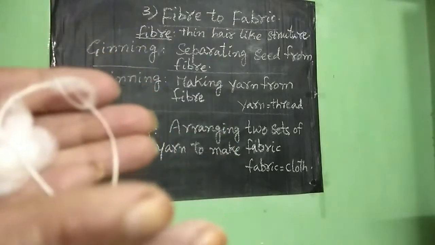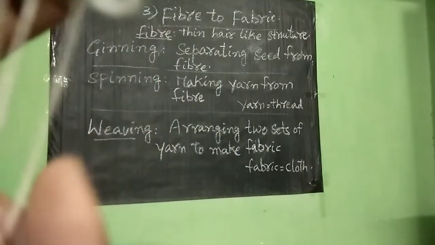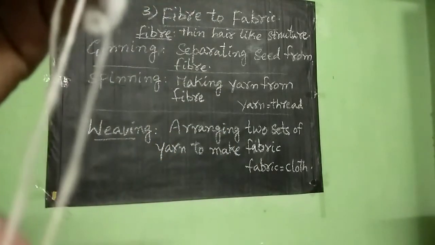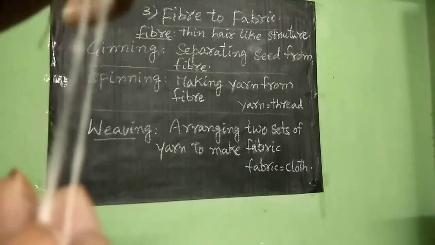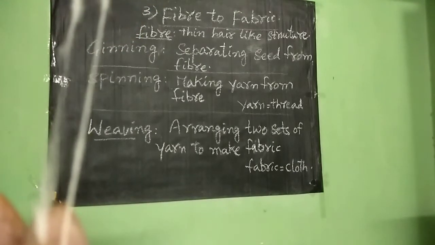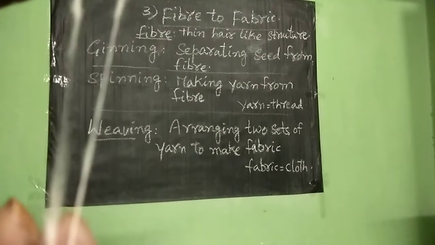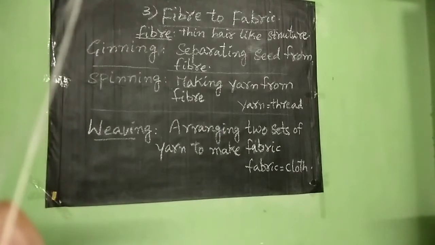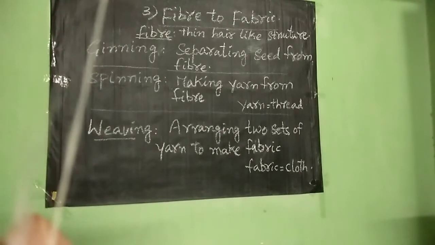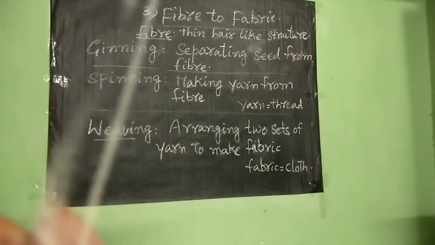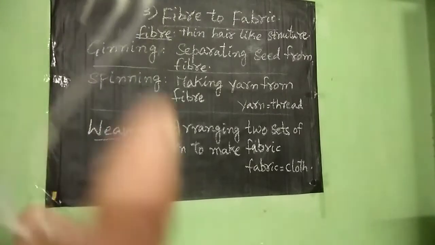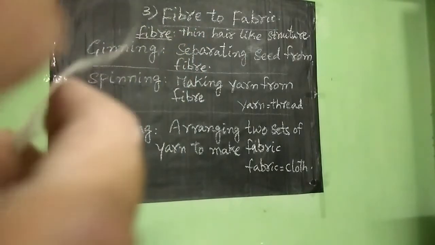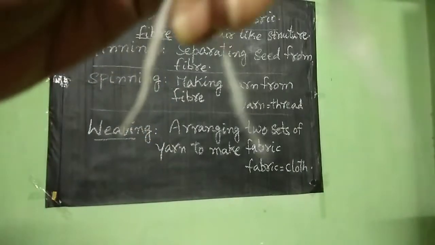Arranging two sets of threads like this, different colors after dyeing, and arranging together, in the looms they will be passing to make a fabric. Fabric means cloth. Yarn is thread. Single hair-like structure is fiber.